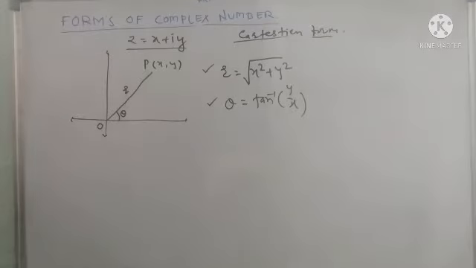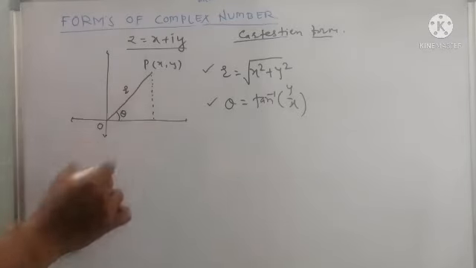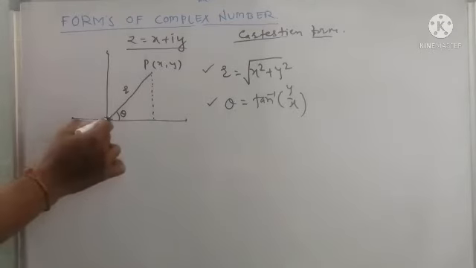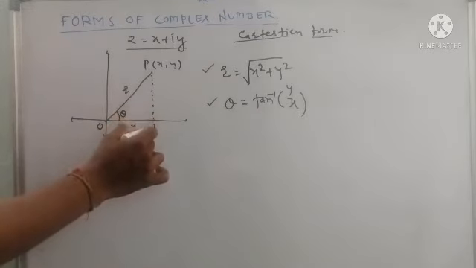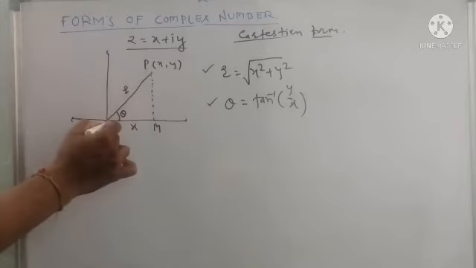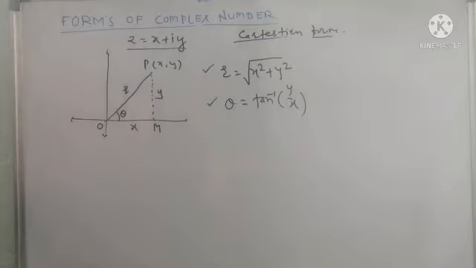So if z is a given complex number, then we can define its modulus and its argument theta. Now, as you can observe in this figure, we can put the perpendicular from P on the real axis. Calling this point M, OM is x and PM is y, as you learned in the Cartesian coordinate system.